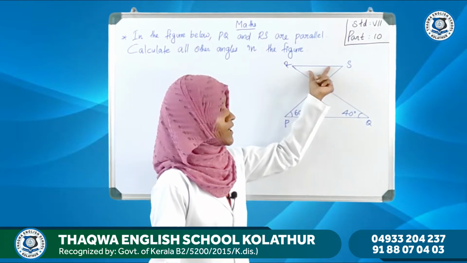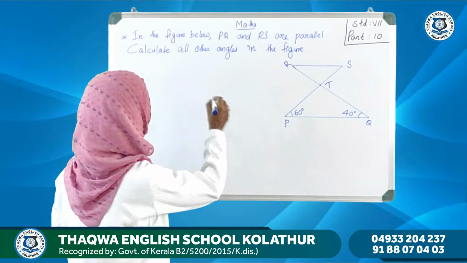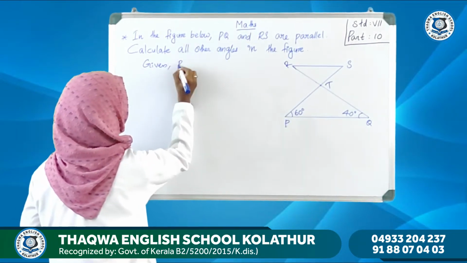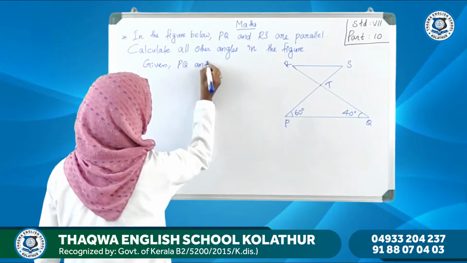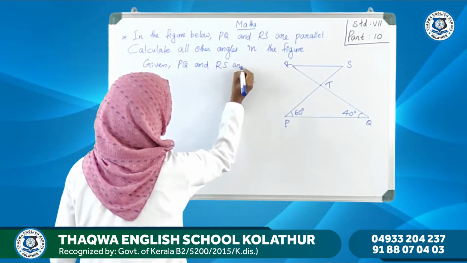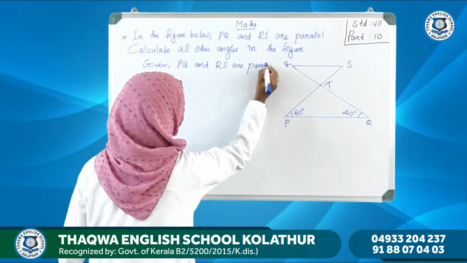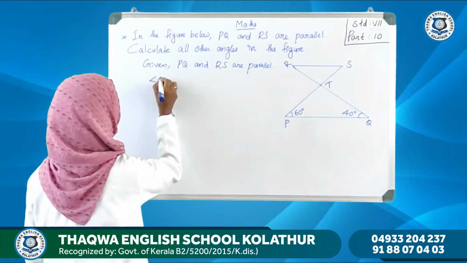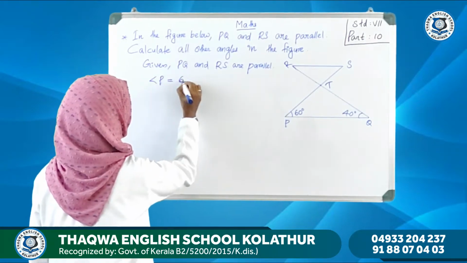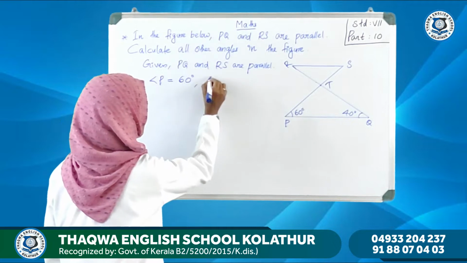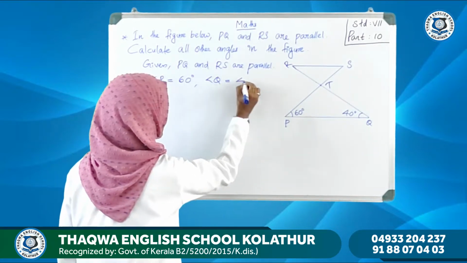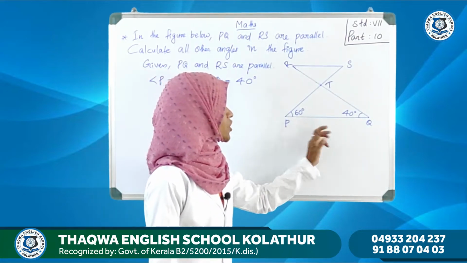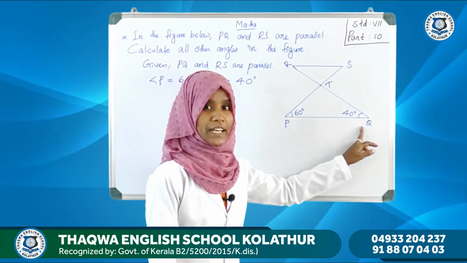PQ and RS are parallel. That is a given condition. Now we have given angle P equals 60 degree, angle Q equals 40 degree.